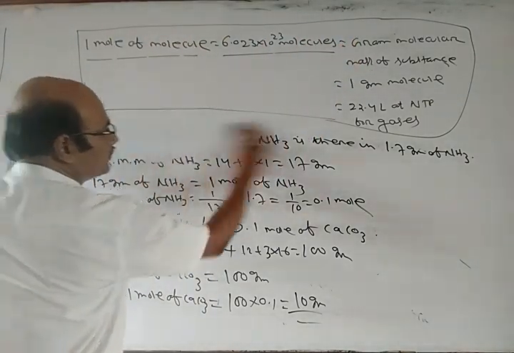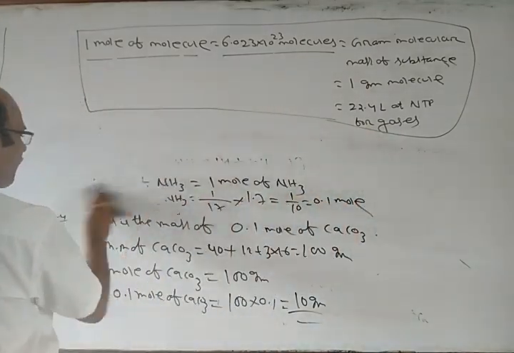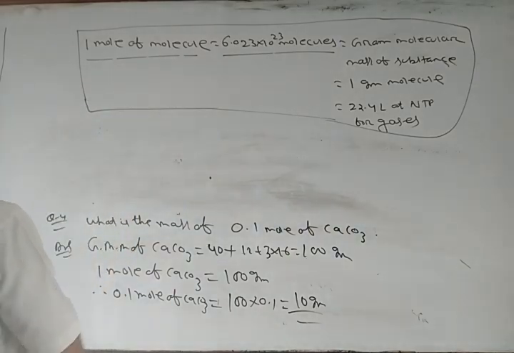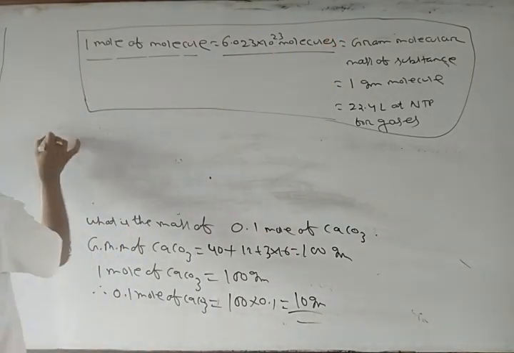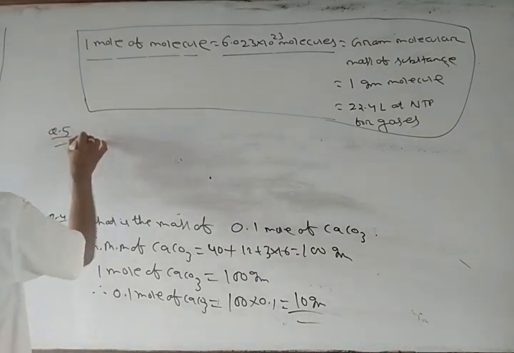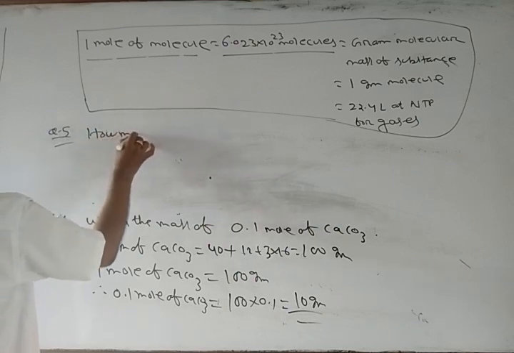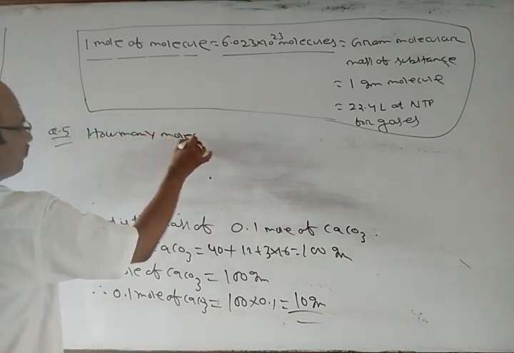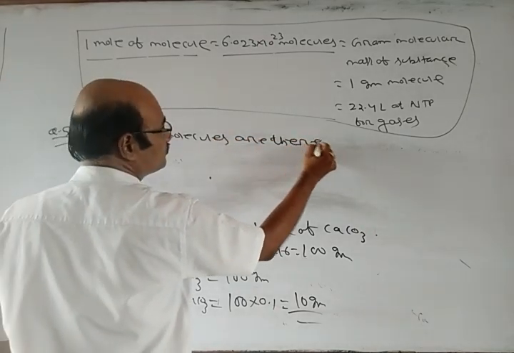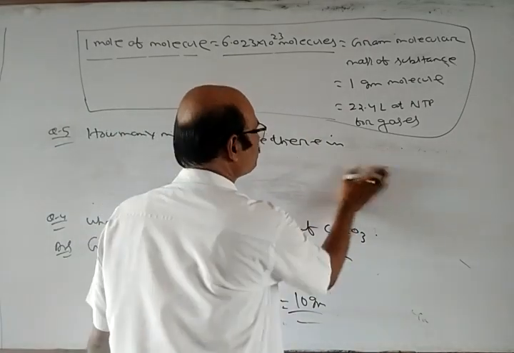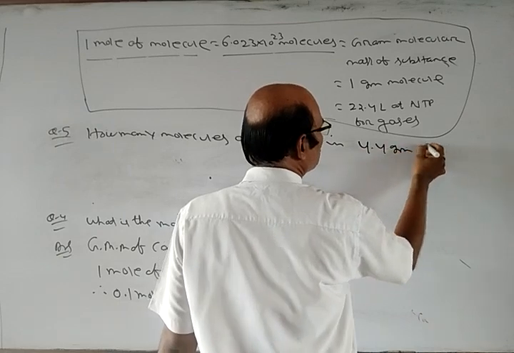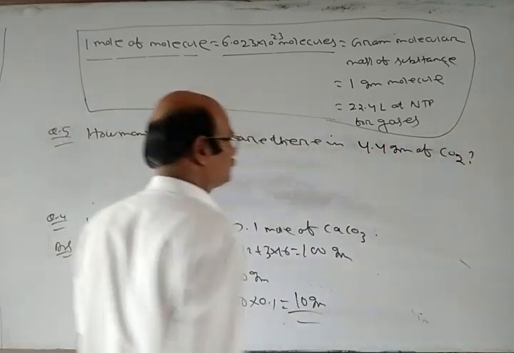Number 5, now molecule to mass. How many molecules are there in 4.4 gram of carbon dioxide?